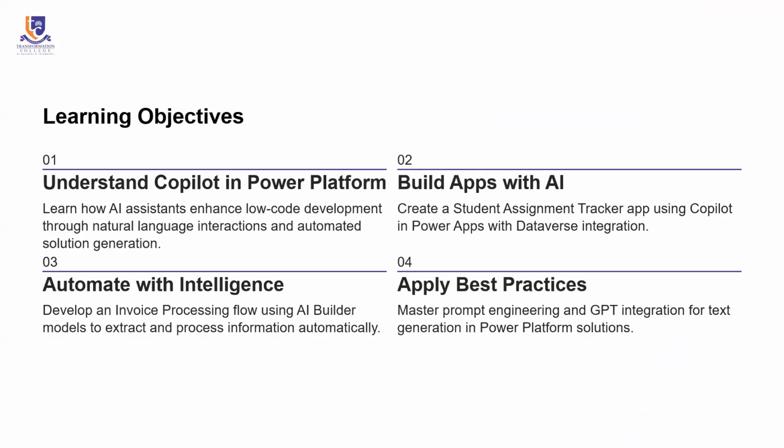We'll build apps with AI and generate a student application tracker app using Copilot in Power Automate with Dataverse integration. We'll look closer at what all these terms mean, Copilot, Power Apps, and Dataverse, later on in the slides, and it will help you understand what I'm trying to say. So we're going to automate intelligence, and then we'll apply the best practices.